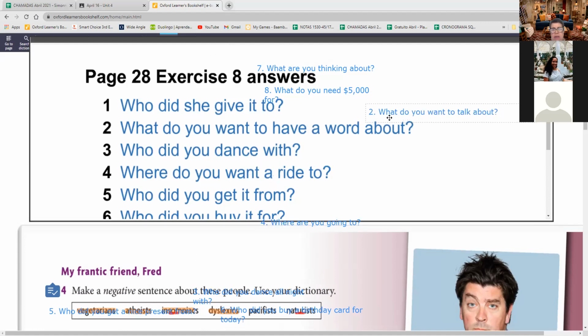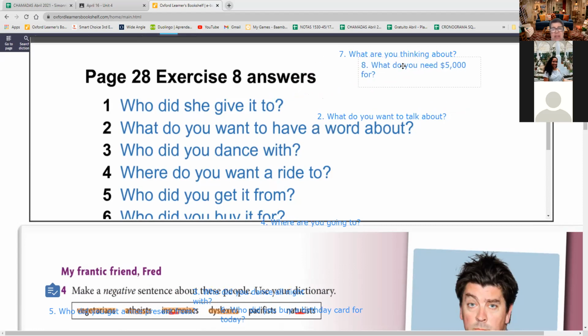It's possible to say have a word, but we don't usually say that with WH questions like this. What do you want to have a word about? No, what do you want to talk about?